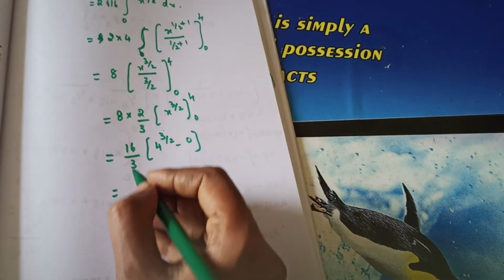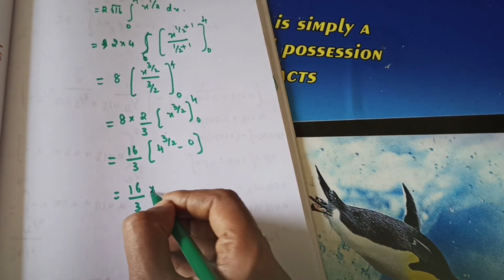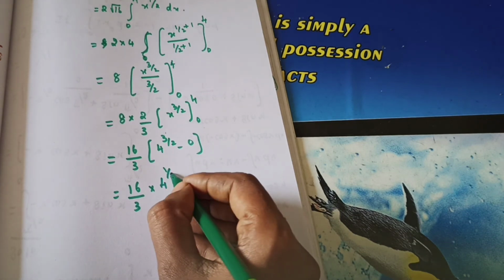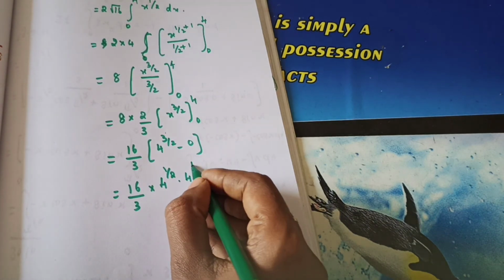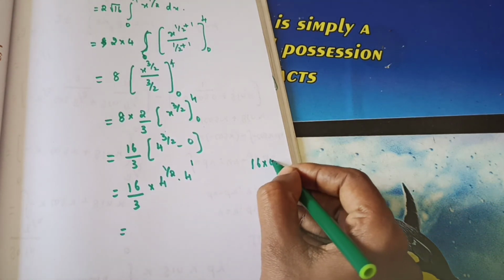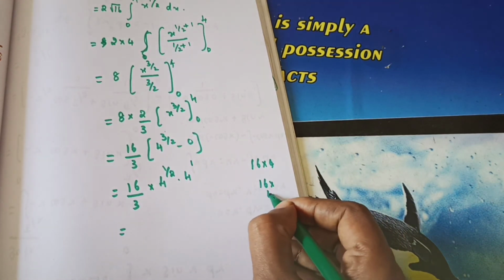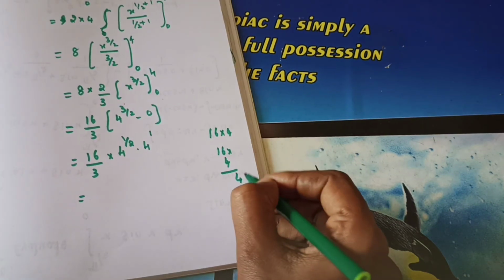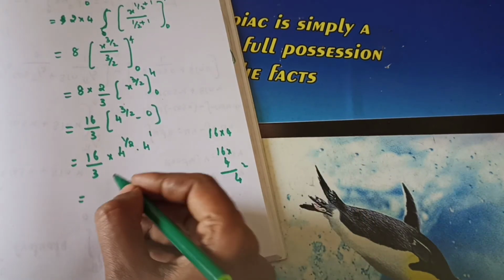So that's equal to 16 by 3 into 4 power 3 by 2, which can be written as 4 power 1 by 2 into 4 power 1. Is it right? So 16 into 4, 64.